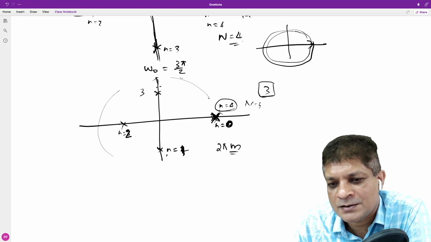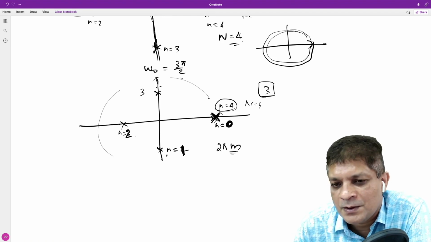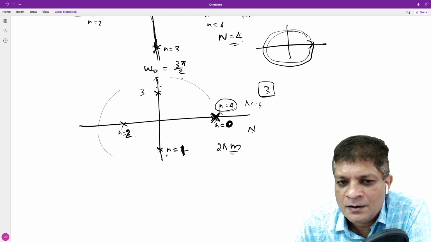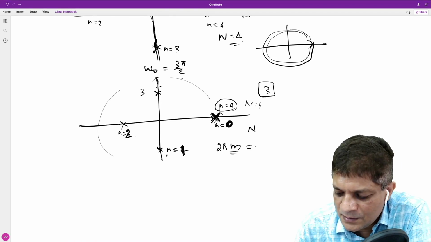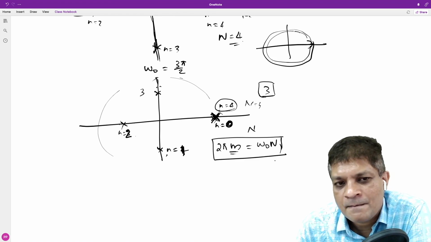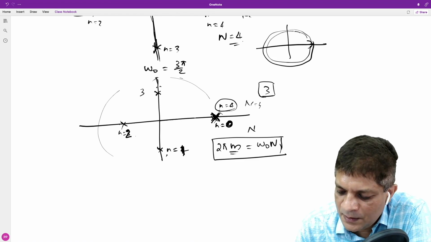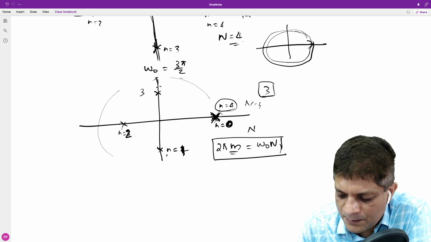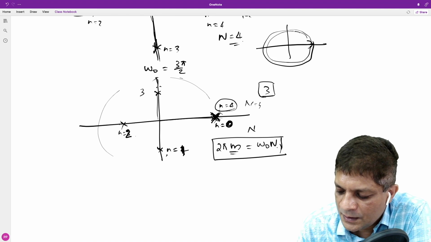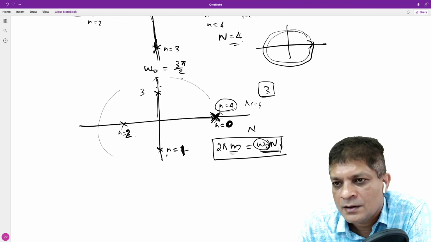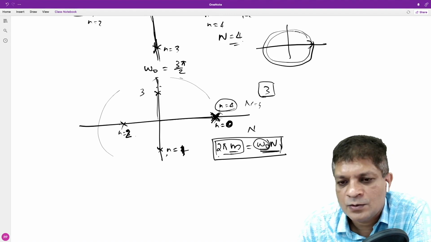Now, what is the condition for this signal to be periodic? If it is periodic with some period n, what is that condition? Because each sample, what is the angle between these two phases? It is omega naught, isn't it? So omega naught into n must be equal to 2 pi m.